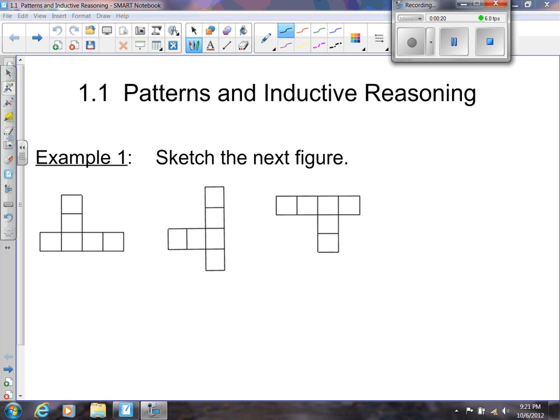We're going to sketch the next figure, and you just kind of have to see the pattern. I see that this square is going to here, going to here, so it's a counterclockwise rotation of 90 degrees each time. So I can sketch this is going to be on the top this time, and this piece is going down.